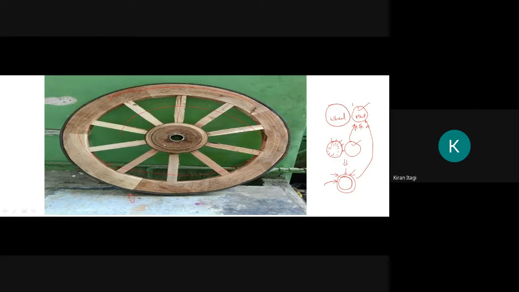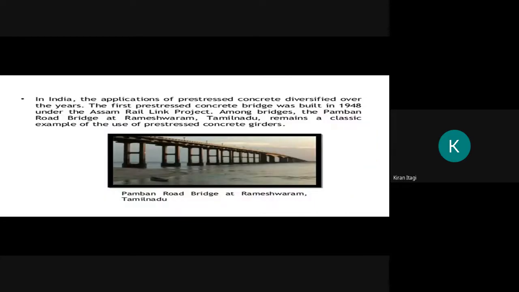These are the olden methods. From these things the actual pre-stressed concrete originated. These are some examples. Nowadays you can see metro construction, bridges, flyovers.